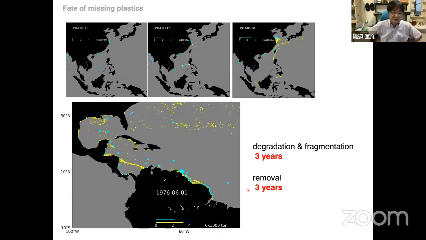And yellow dots mean microplastics generated by fragmentation of the macroplastic in the model. So you can see the moving macro and microplastic, and some microplastic and macroplastic are washed ashore along the beach.